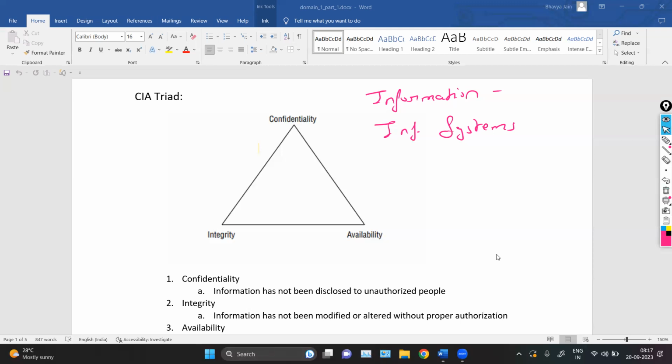Like how we can ensure, from the company side, as an employee of the company or as an individual, that we are securing the company, the information, or the information systems. This is what we can achieve using the CIA triad, which is confidentiality, integrity, and availability.